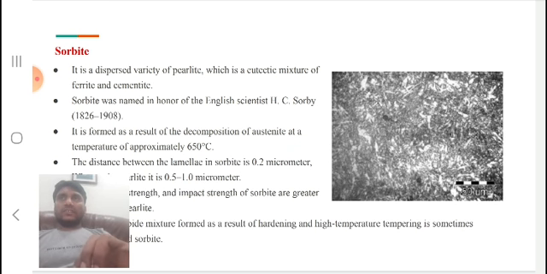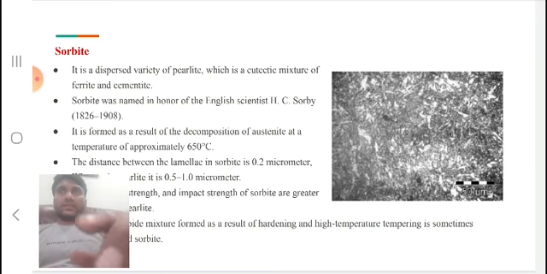Martensite is quenched to below 200 degrees centigrade and bainite is quenched below, sorry, below 300 degrees centigrade, and this sorbite is quenched at 650 degrees centigrade.